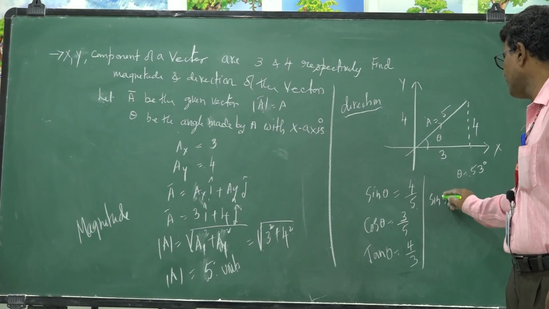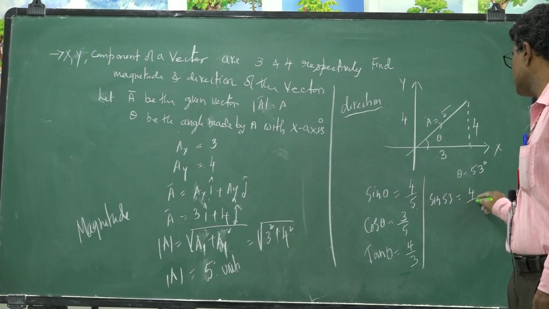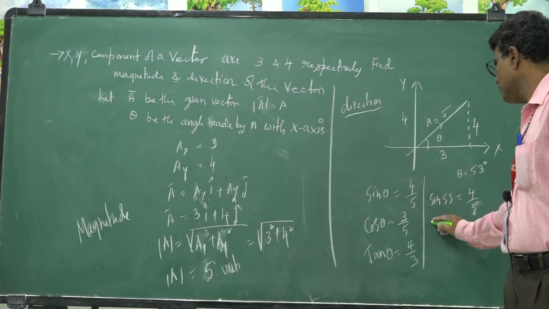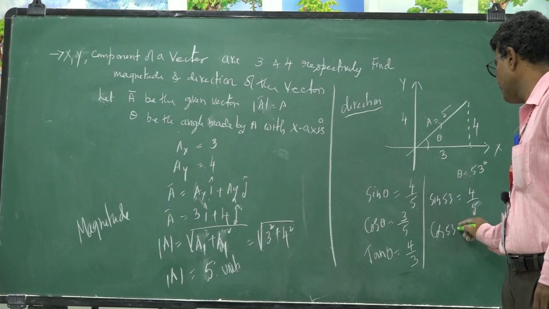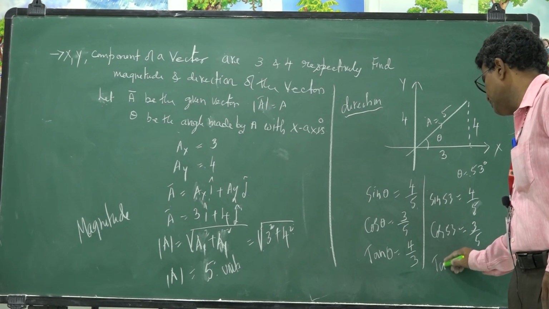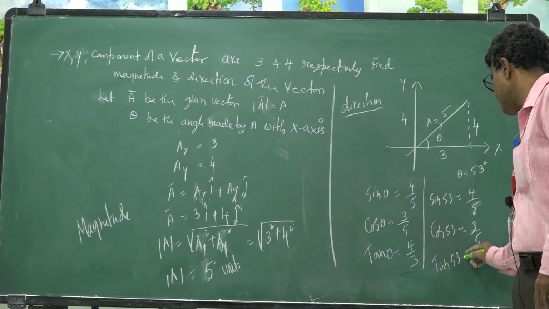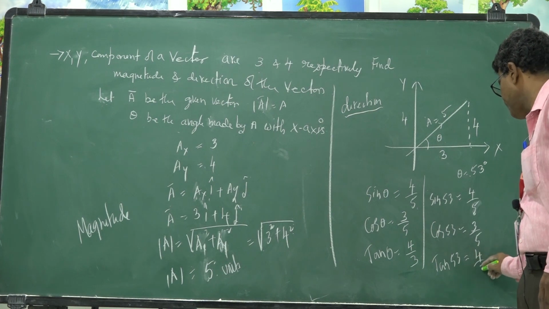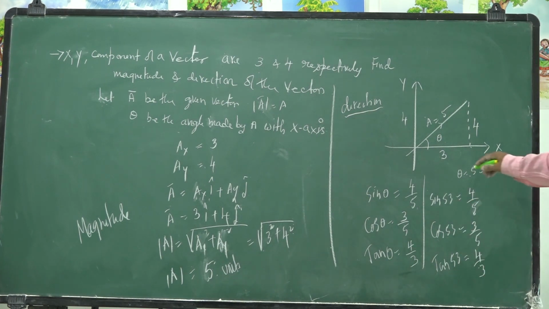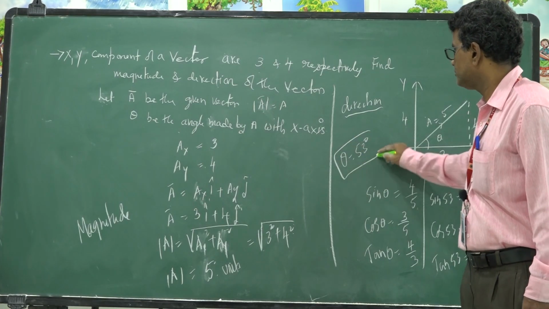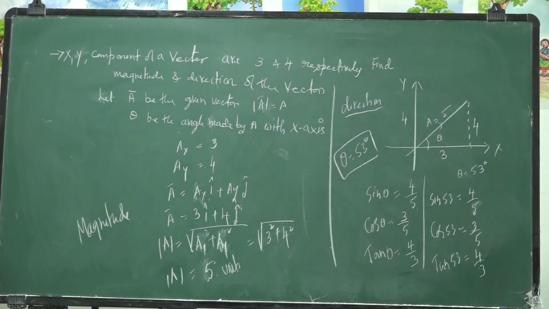Sin 53 is 4 by 5, cos 53 is 3 by 5, and tan 53 is 4 by 3. So here the answer is theta is 53 degrees. So we found the direction.